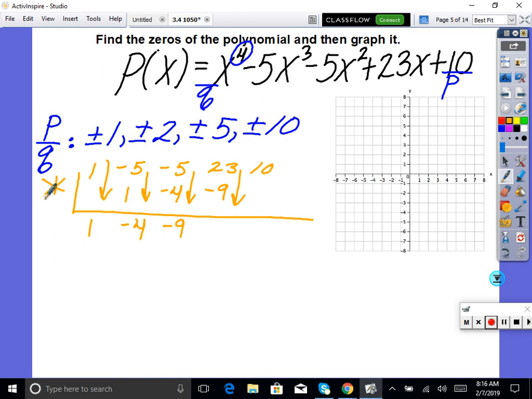One doesn't work. Anyone find one that did work? Which one did you test? Well, then I can take a different one. You're doing 2? 2 doesn't work?